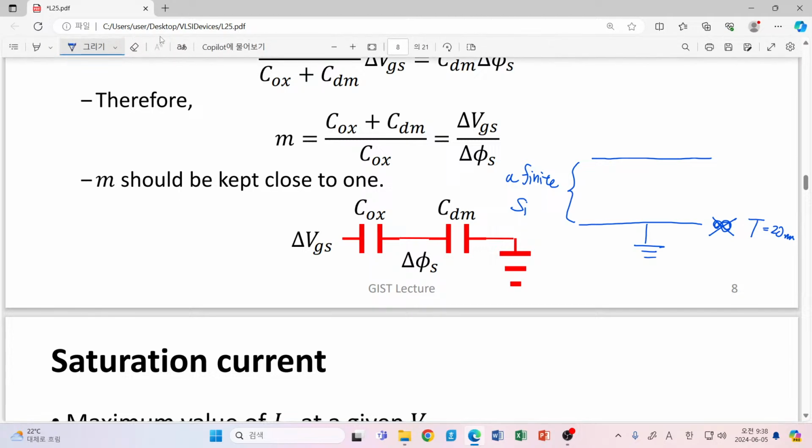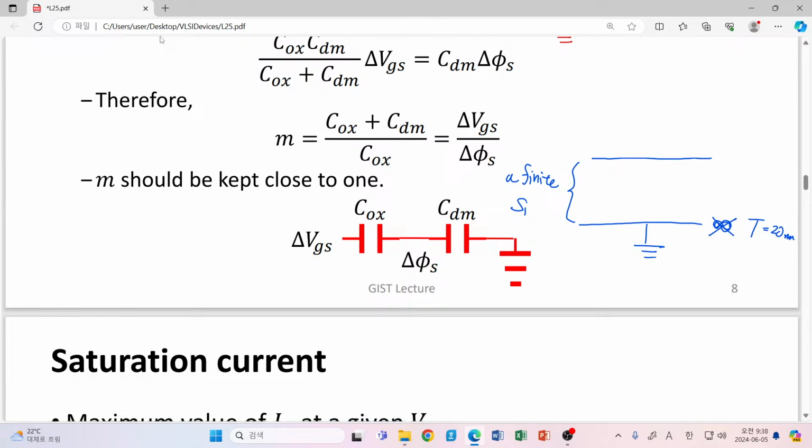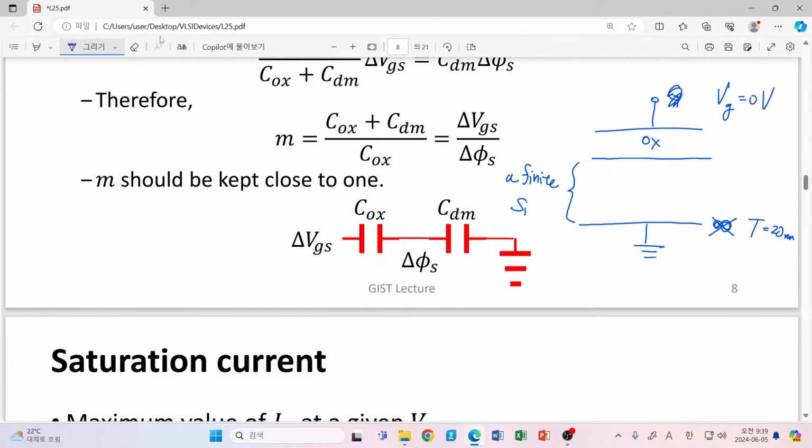So in this case, depending on the values of your system, now here we have a gate, and already when we have the equilibrium or zero gate bias condition, then we can make a condition where all of our p-type substrate is depleted.